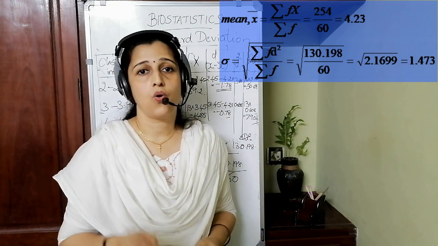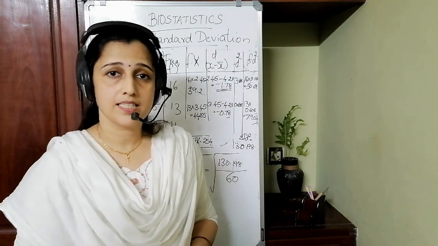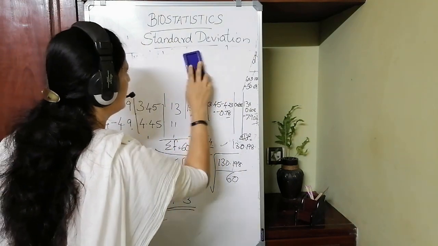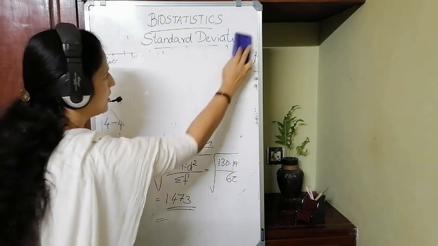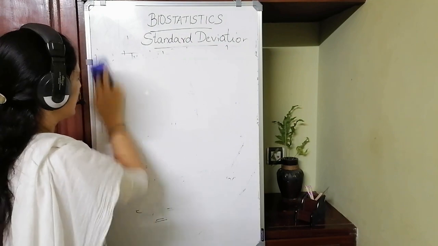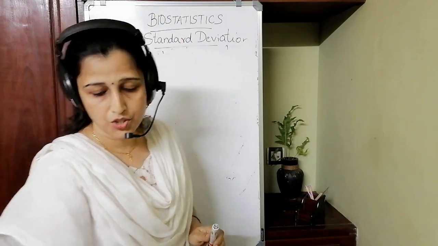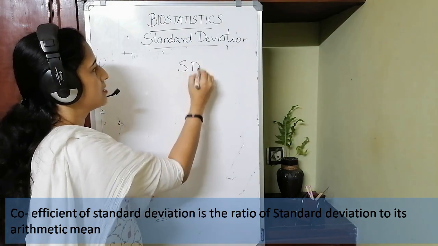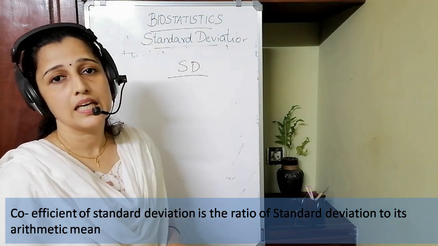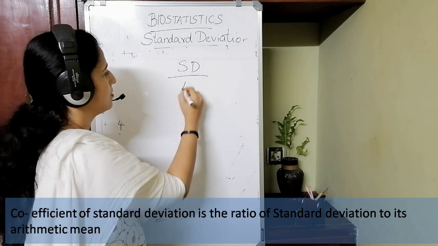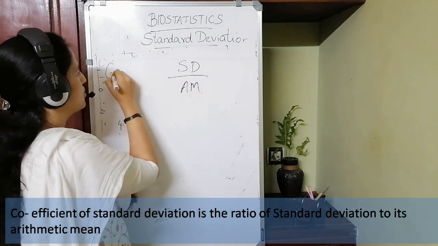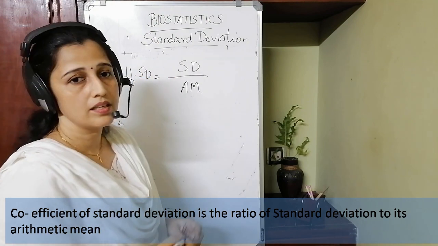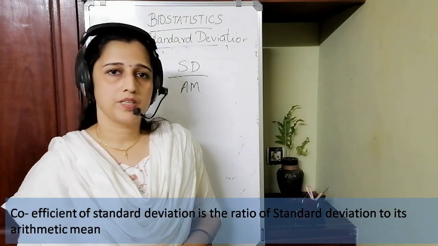Now let's see what coefficient of standard deviation is. Coefficient of standard deviation is the ratio of standard deviation to the arithmetic mean.